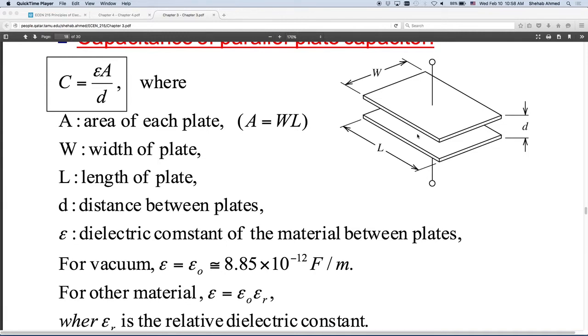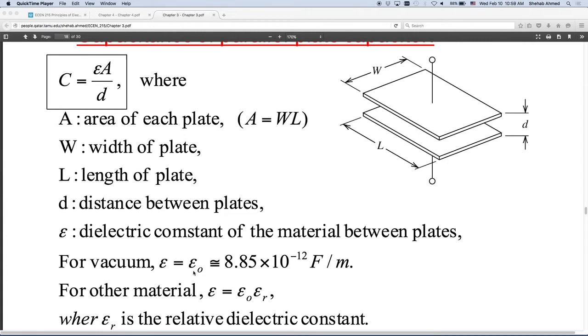So we said that the dielectric constant of air, which is epsilon naught, is a given value that does not change, and then the dielectric constant of any other material in there will be epsilon, which is equal to epsilon naught times epsilon r. So it's the relative dielectric constant multiplied by the dielectric constant of air. That will be the dielectric constant of a material in here that is other than air. So you multiply both by each other.